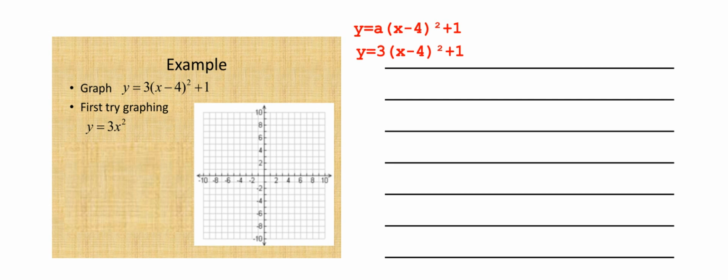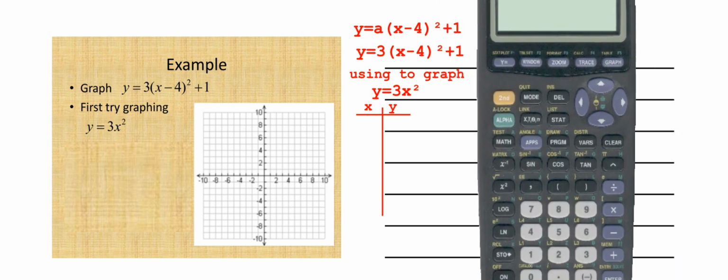So therefore, we're going to be using to graph, once again, y equals 3x squared because our a value is 3 for this case. So let's build a table, just like you would for any other type of graph. Building a table real quick. And we're going to just randomly select points. I wouldn't recommend it though in most cases. In most cases, I would actually recommend that you use your calculator, turn on your calculator, clear anything you might have, go to y equals and clear anything that you might have.